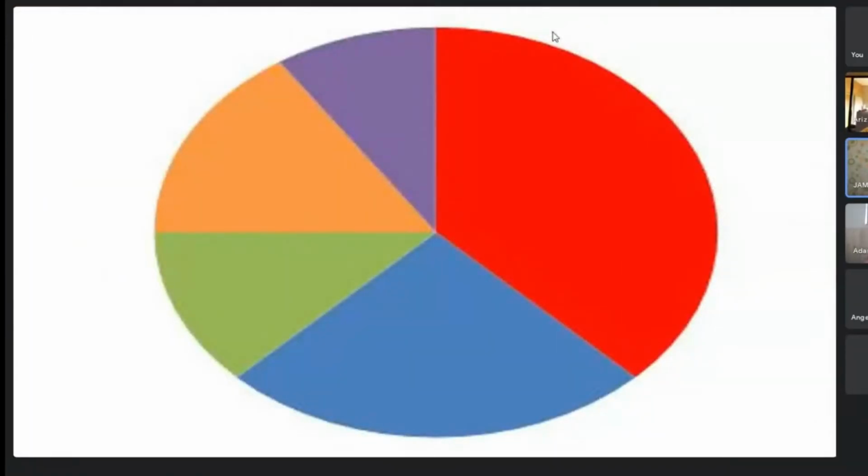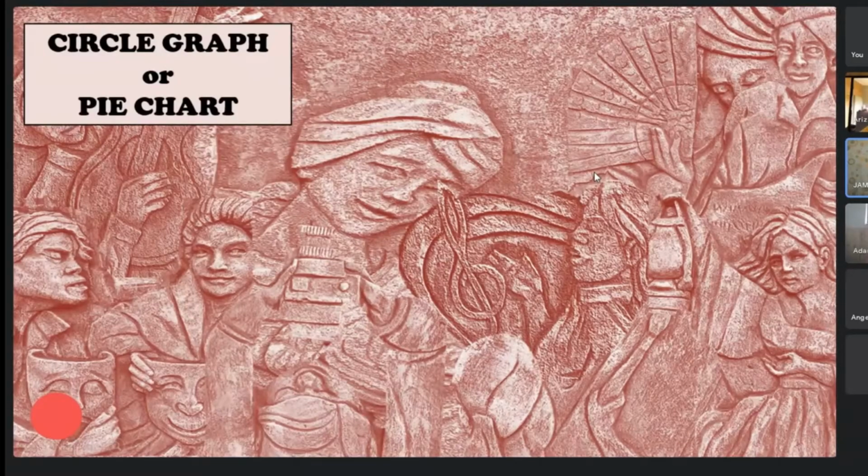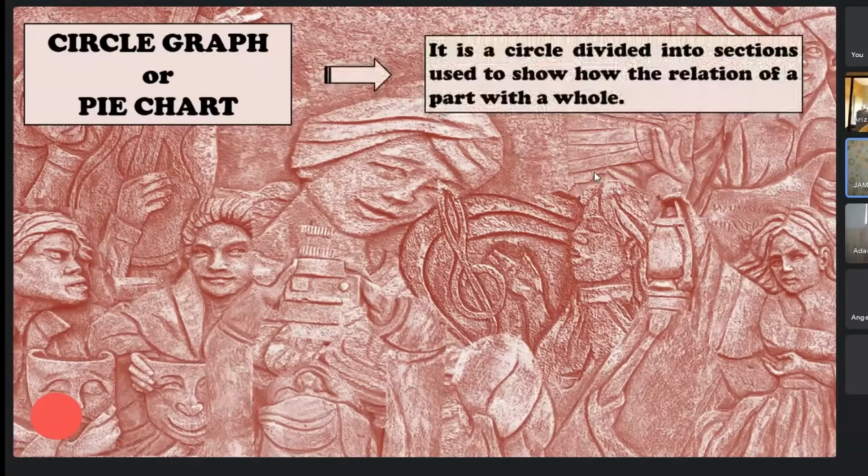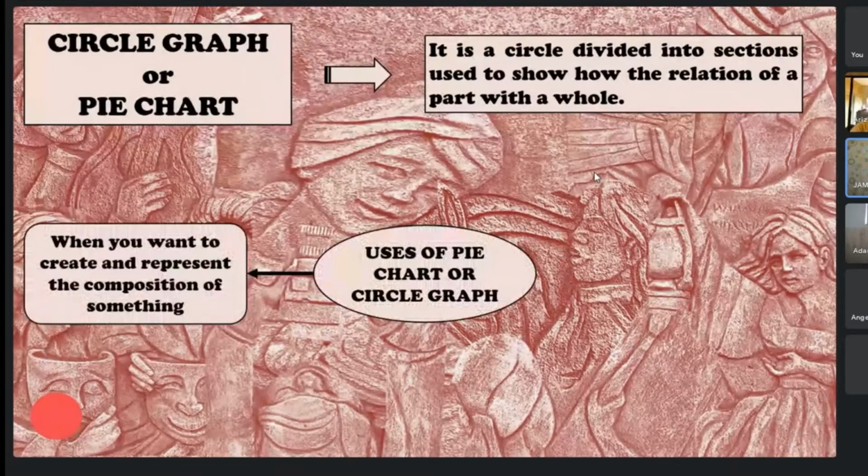So, this is what a circle graph looks like. As you can see here, it is a circle divided into sections. So, what is a circle graph? It is a circle, like what I've said a while ago. It is a circle divided into sections used to show the relation of a part with a whole. So, when can we use a circle graph or a pie chart?